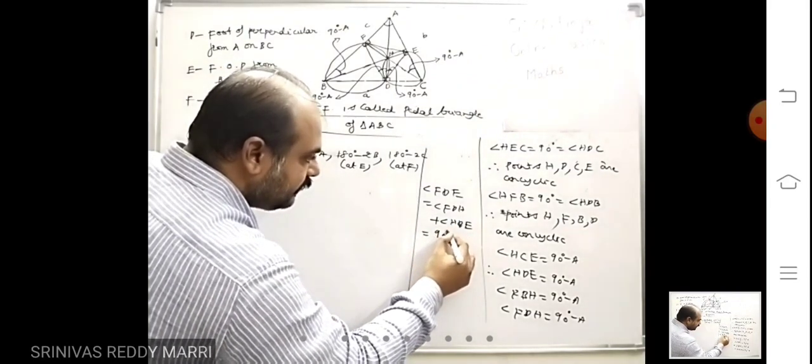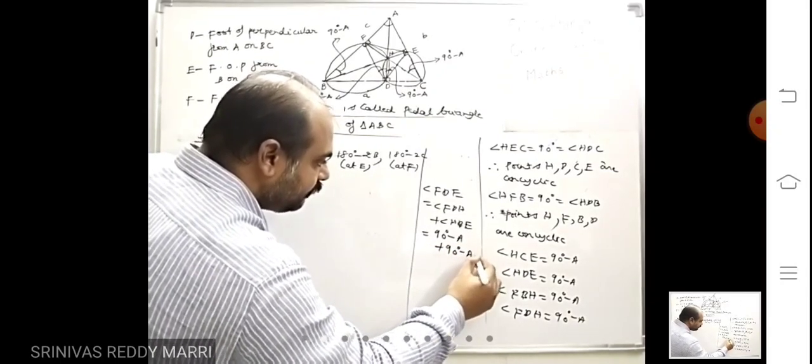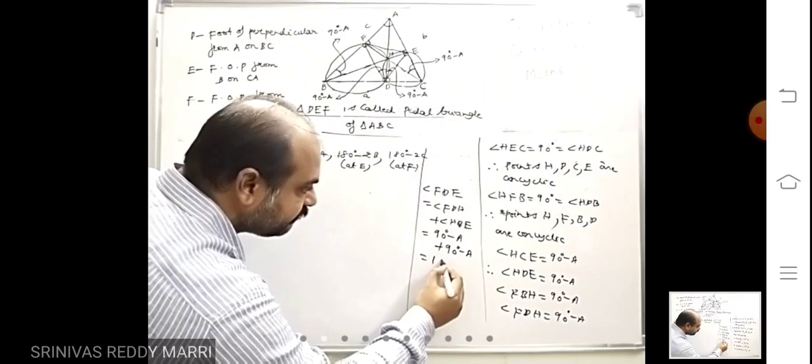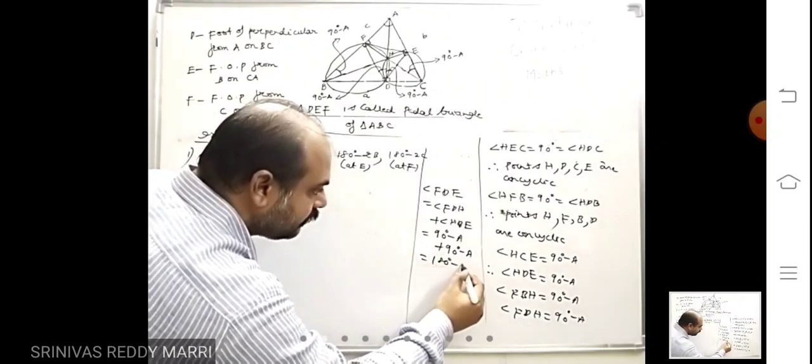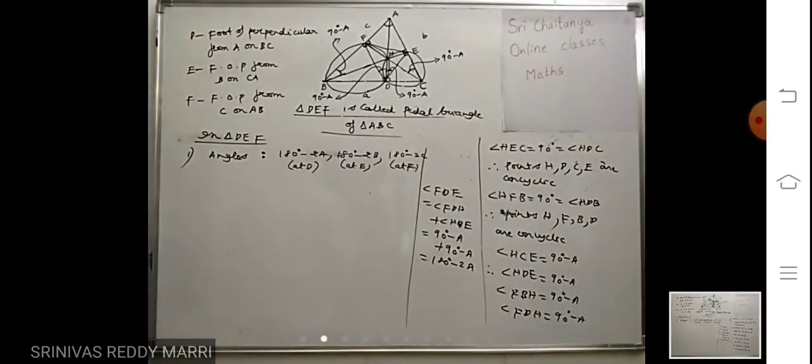So that means 90 minus A plus 90 minus A, which is nothing but 180 minus 2A. Now ask your doubt immediately, fast.